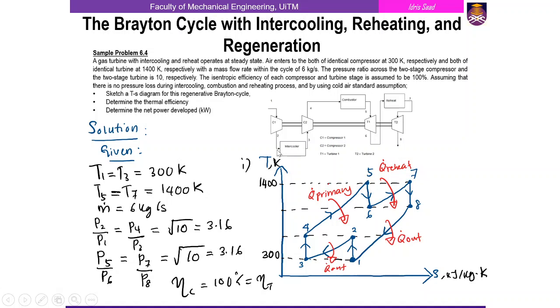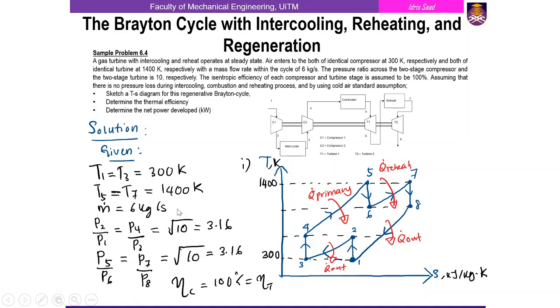Okay, all right. If we have multiple stages, the pressure ratio from 1 to 2 and 3 to 4 is the square root of 10. Okay, 10 is the pressure ratio, and the square root of 10 is 3.16.